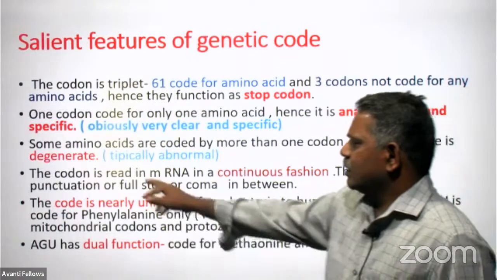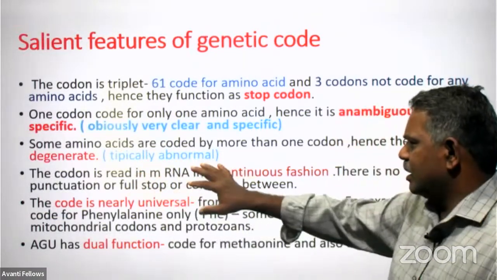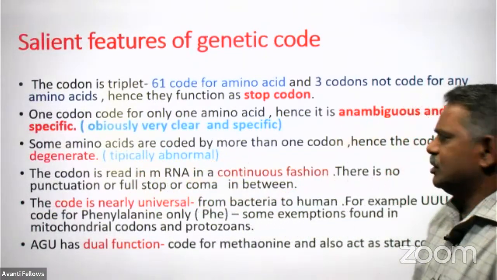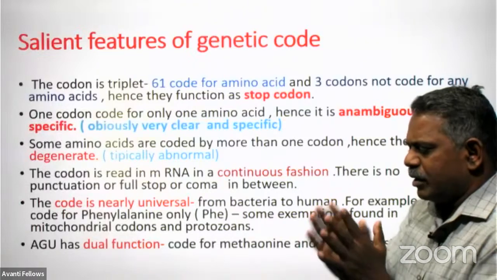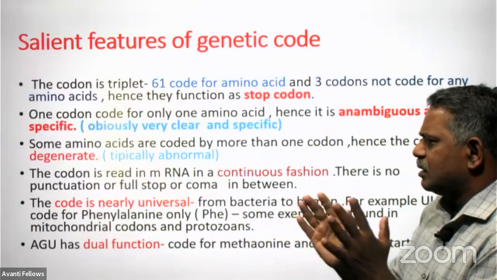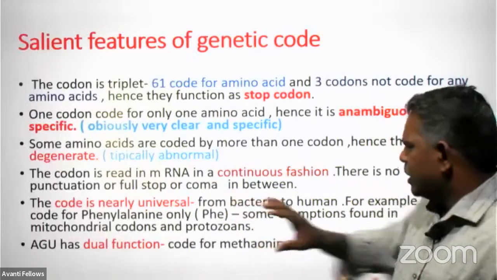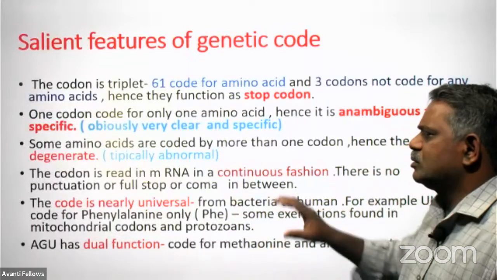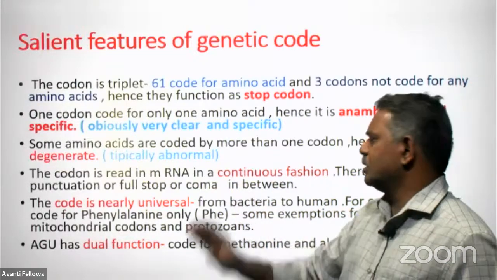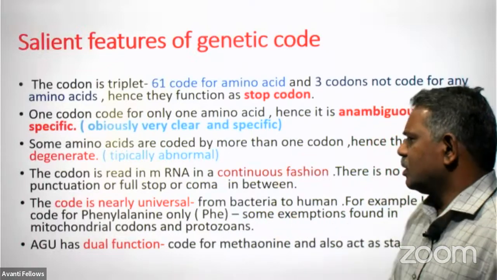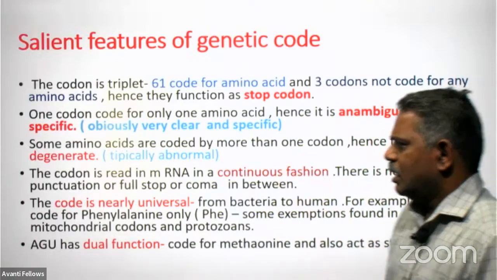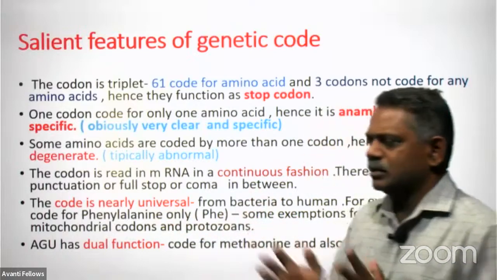Then the codon is read in mRNA in a continuous fashion. All the nitrogenous bases of the triplet codons are coded in the mRNA continuously. There is no punctuation, no full stop, no comma, no gap in between. And the code is nearly universal.